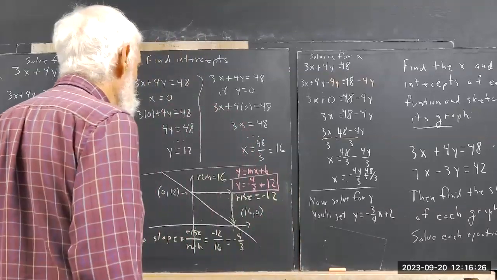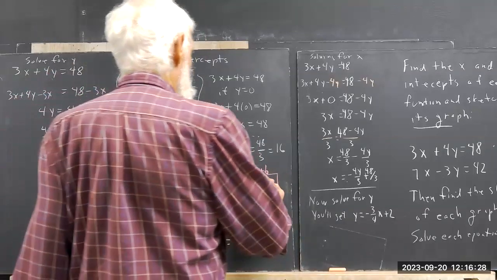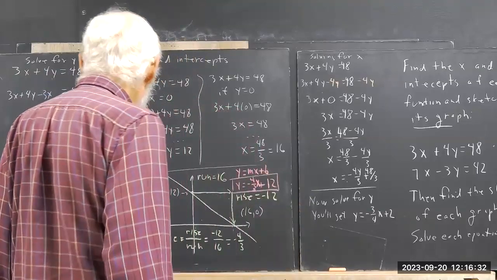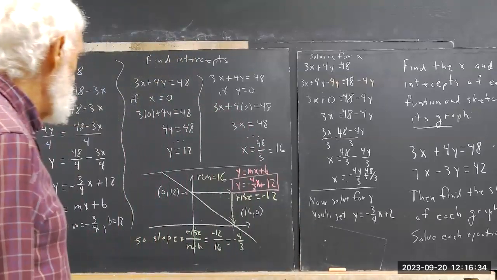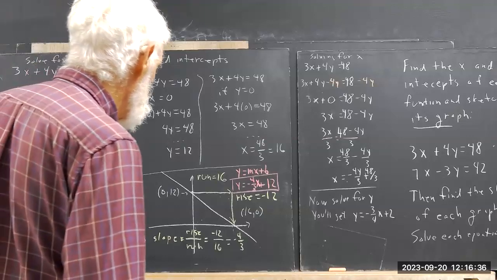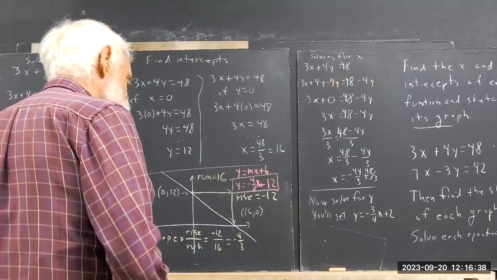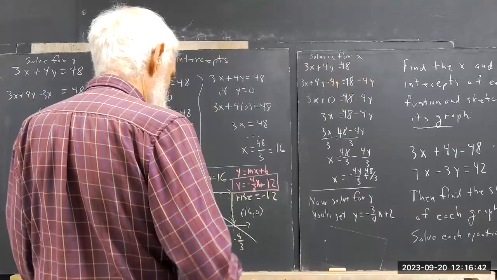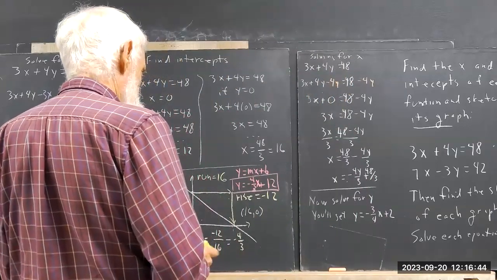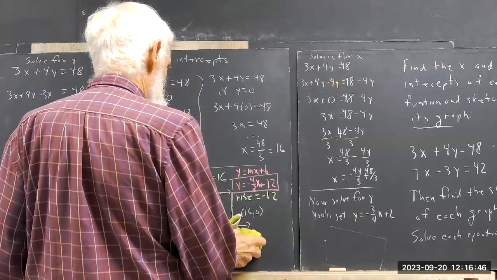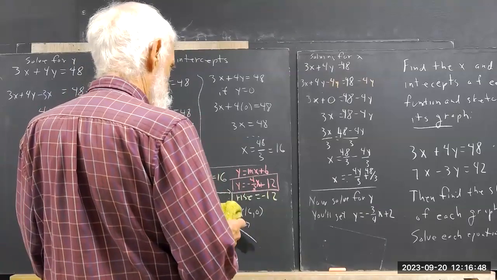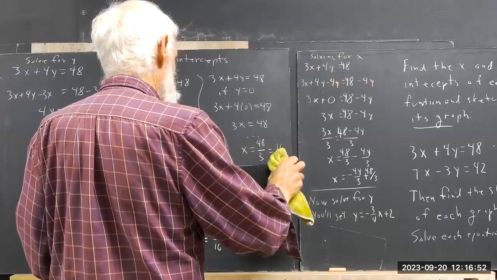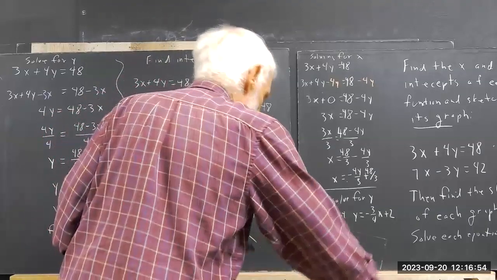Now look at what we got. This is negative 4/3 x plus 12, and it's kind of sloppy. And it's not 4/3, it's careless. I hate to try to erase this, but okay.